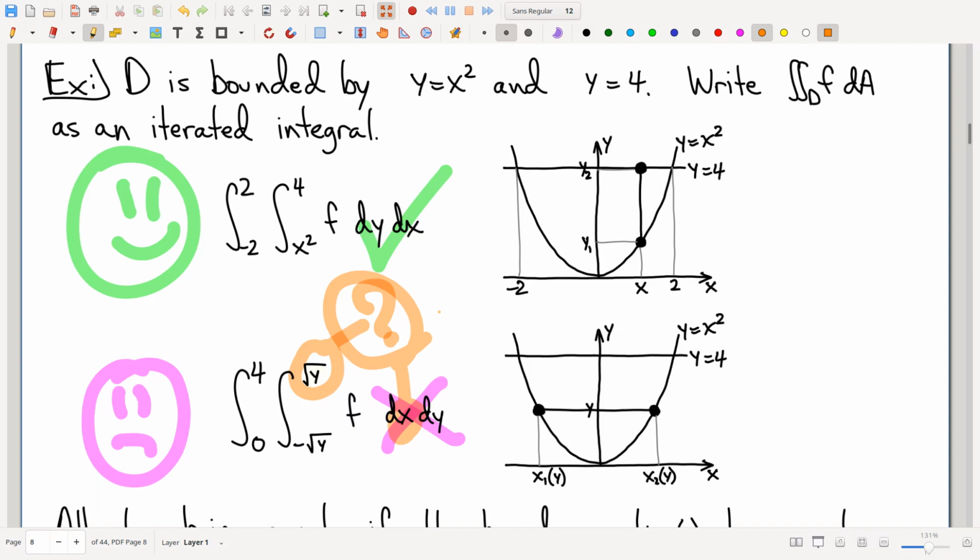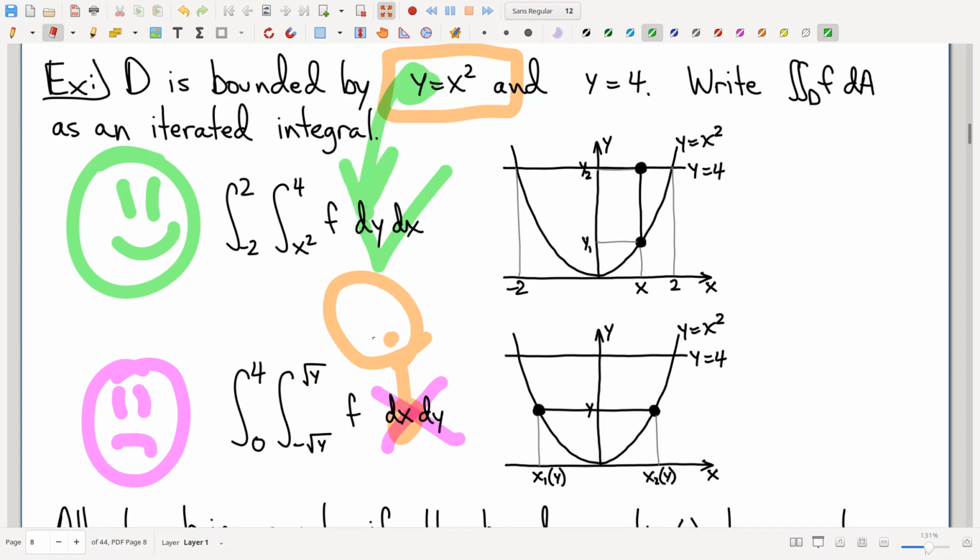So look at your equation that you face. Ask yourself, which variable do you want to solve for? And I guess technically I can solve for either one, but if I had my choice, I'd much rather solve for y. Right? So because I would rather solve for y, I put dy on the inside.